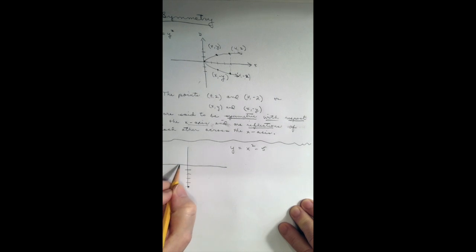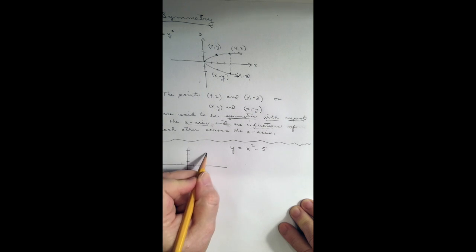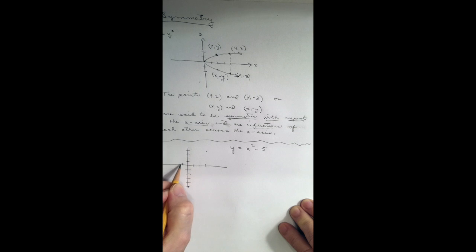We find that that will go through the points (3, 4) and (-3, 4).